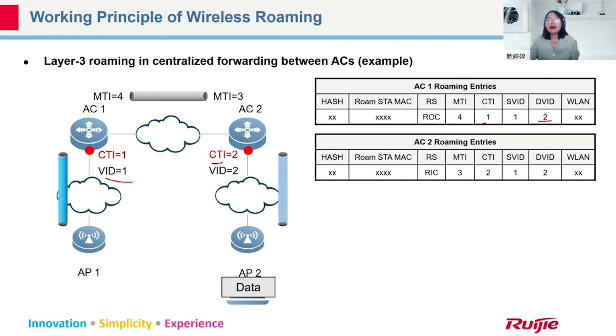When we get the message reply, we send the message to AC2, and we also change the MTI value to 3 for AC2. AC2 will give the reply to AP2. So in this process, we not only consider the CTI, we also have to consider the MTI to check that we belong to different ACs.